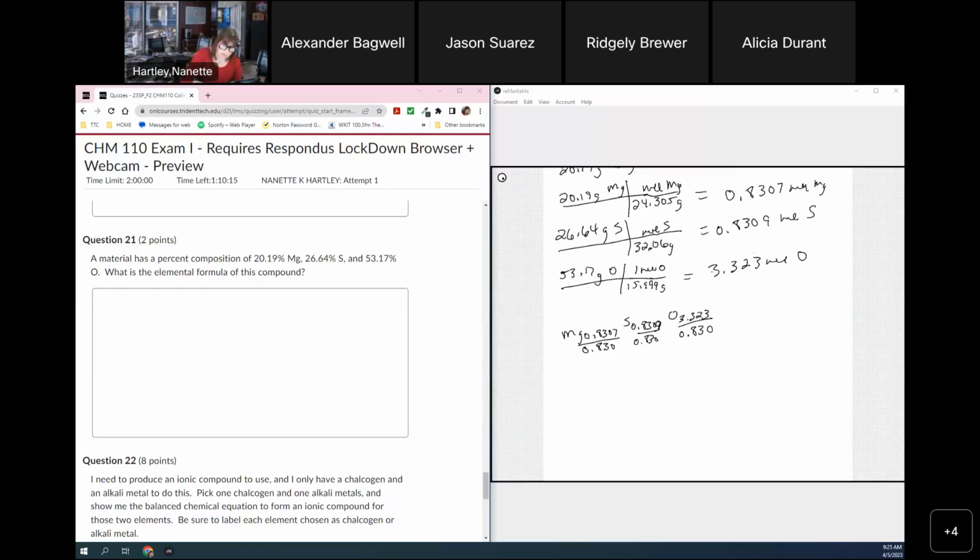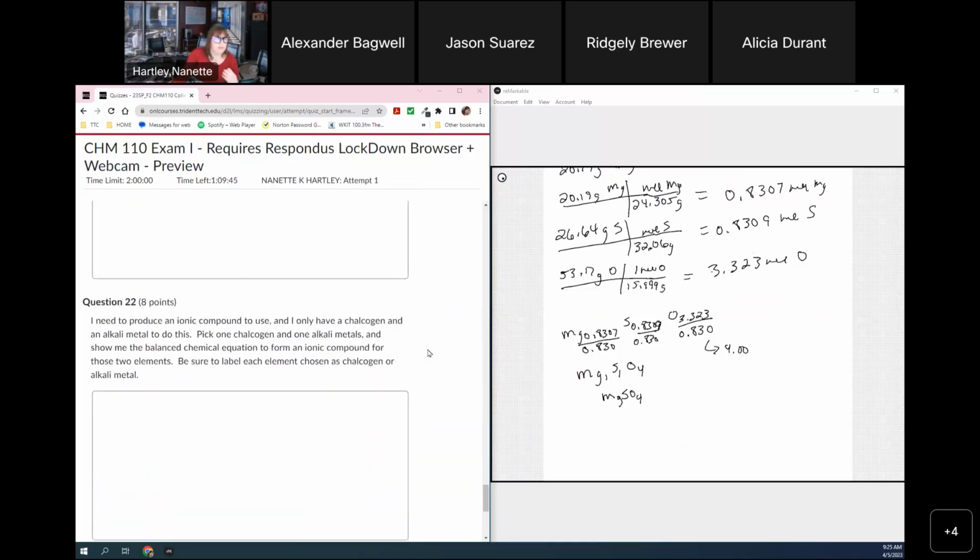So I'm just going to do it that way. That leaves me with an Mg1, S1. And if I do that 3.323 divided by the 0.830, that gives me 4. And of course, if I leave off the ones, that's MgSO4. So that's the empirical formula that I'm looking for.